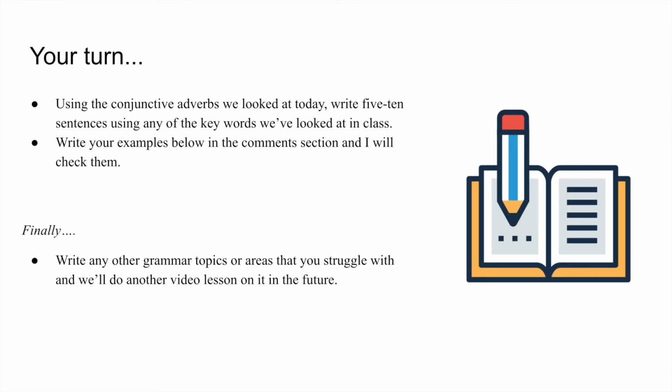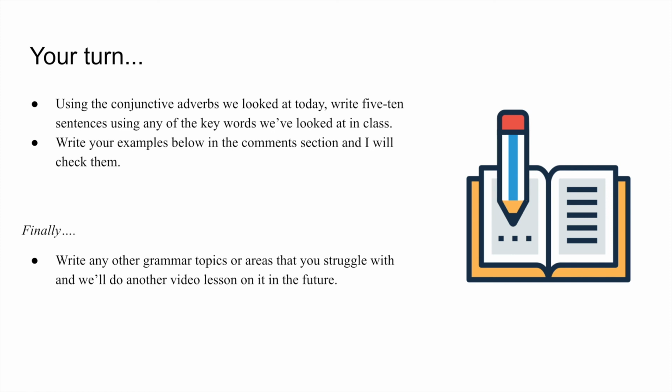So your turn for this week. Using the conjunctive adverbs we looked at today, I want you to write 5 to 10 sentences using any of the keywords we've looked at in class. And then I would like you to write your examples below in the comments section, and I'm going to check them. So if you make a mistake, I'm going to give you a correction.